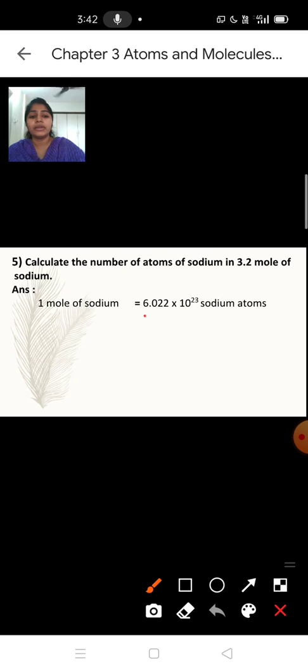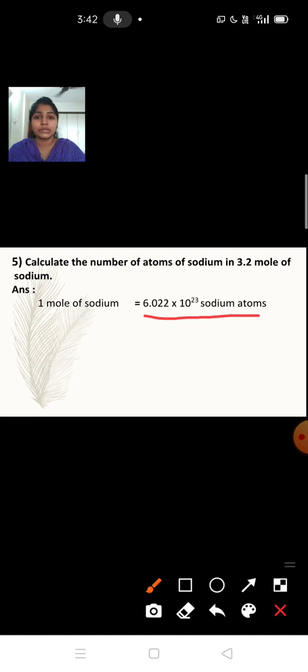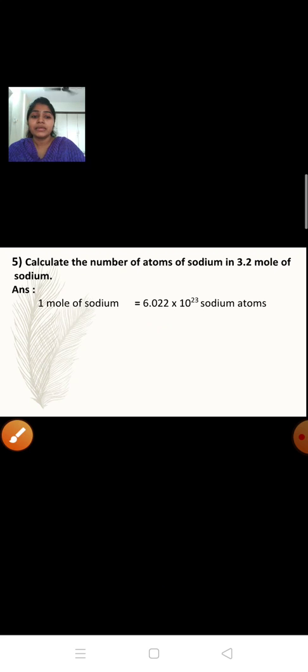Now 1 mole of sodium will contain 6.022 into 10 raised to 23 sodium atoms, right? So how many atoms will be present in 3.2 moles of sodium? For this what we will do? We will cross multiply.